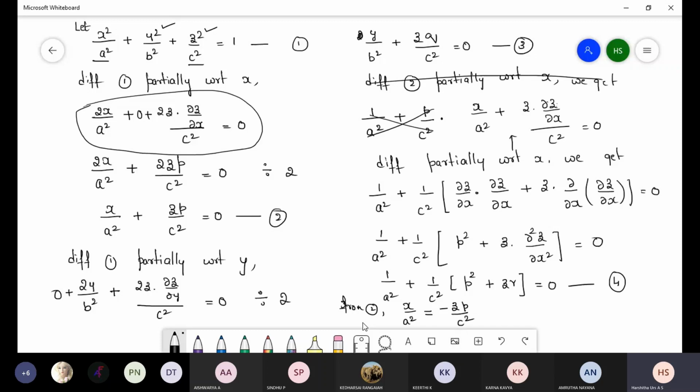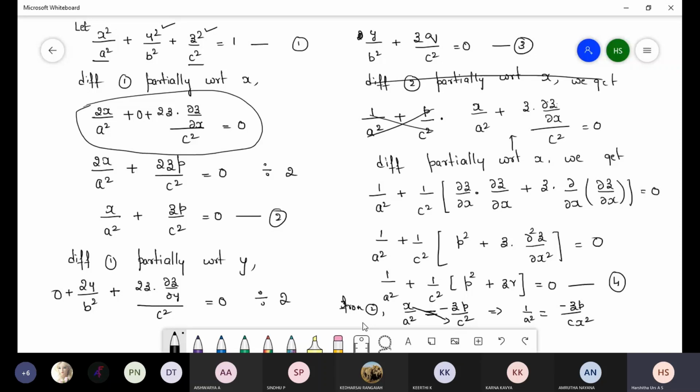Now 1 by a square I will write as it is. I just transfer this x to the right side of the denominator. So minus zp divided by x into c square.